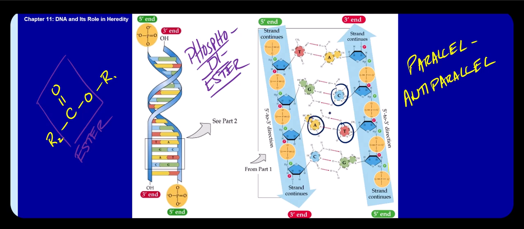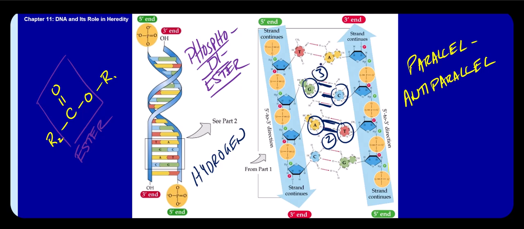Thymine gets attached to adenine. Cytosine gets attached to guanine. What I attach those with is hydrogen bonds. I attach adenine to thymine with 2 hydrogen bonds. I attach cytosine to guanine with 3 hydrogen bonds.